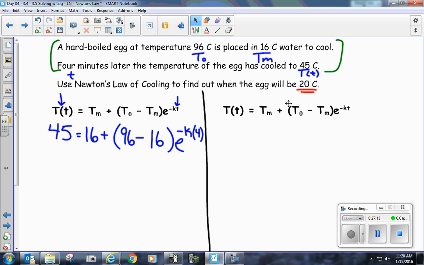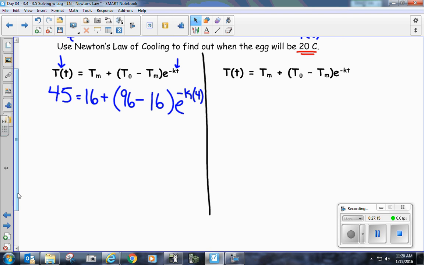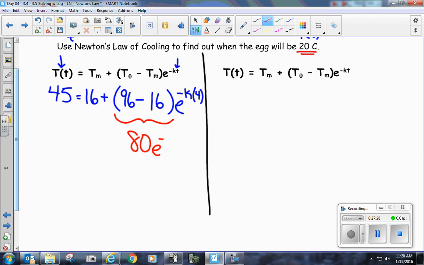Watch. The math is not that difficult at all. And when I say not difficult, what is 96 minus 16? 80. I multiply that times my e to the negative k times 4. Let's call it negative 4k.